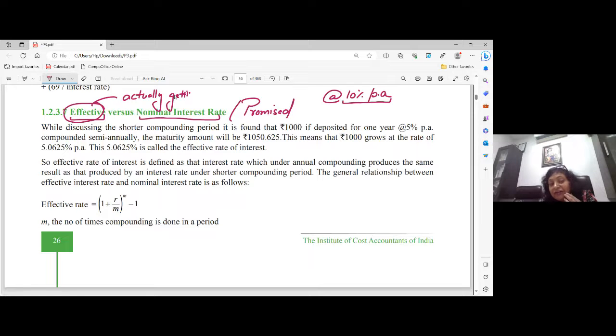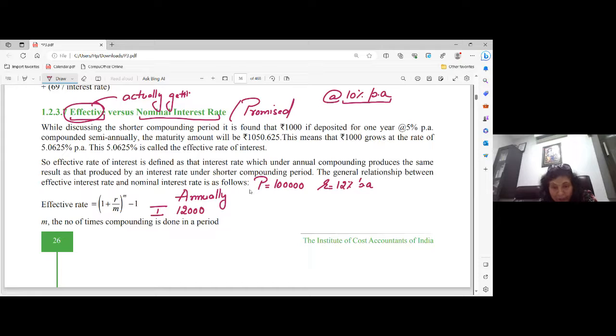Now what is the difference between effective and nominal? I'll take an example. Suppose your principal is 1 lakh and the rate of interest is 12% per annum. If your compounding is annual, you will get one installment of interest once a year. That is 1 lakh into 12%, which becomes 12,000. That means whatever they have promised me, they have given me that amount.